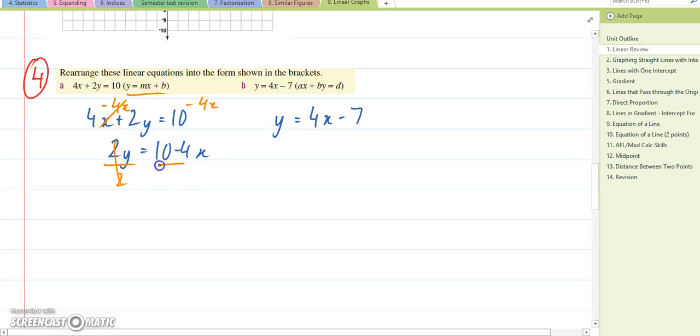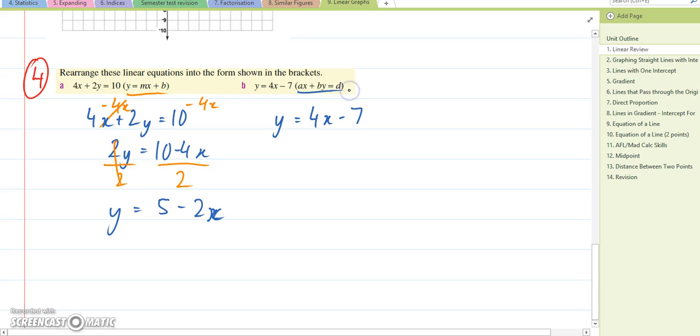We're then going to divide everything by 2, and of course cancelling on the left. And this is both terms being divided by 2. So 10 divided by 2 is 5, and negative 4 divided by 2 is negative 2x. So that's in the correct form now.